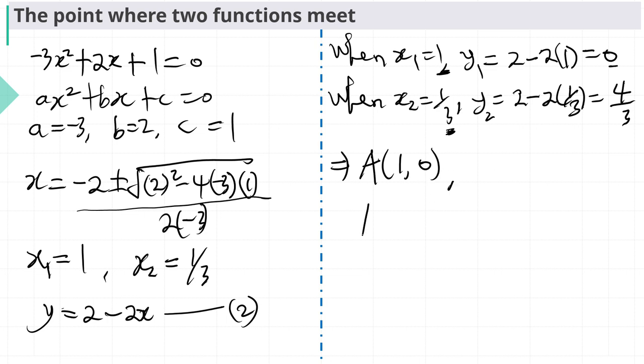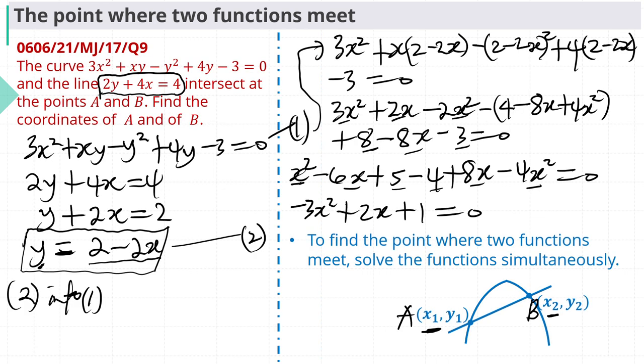And the other point where the two functions intersect is (minus 1 out of 3, comma, the y value 4 out of 3). We are done finding the two coordinates A and B where the two functions meet.